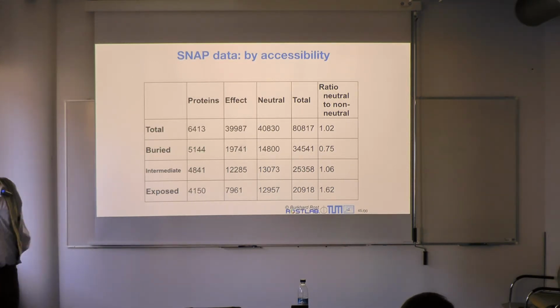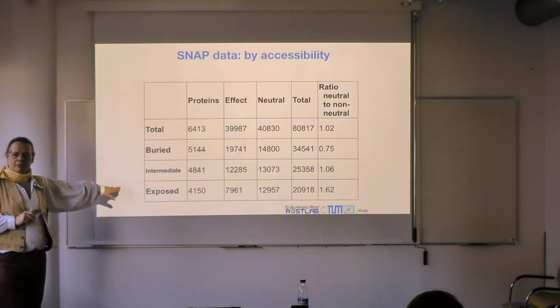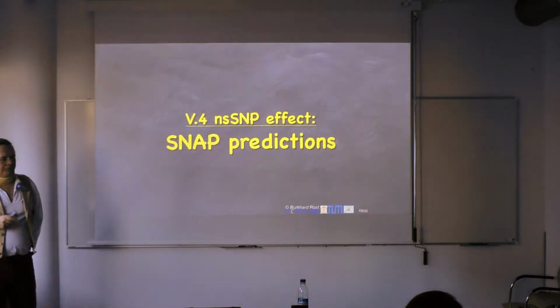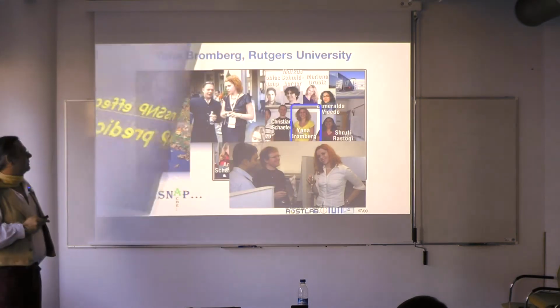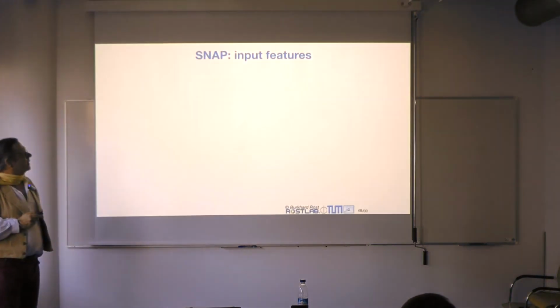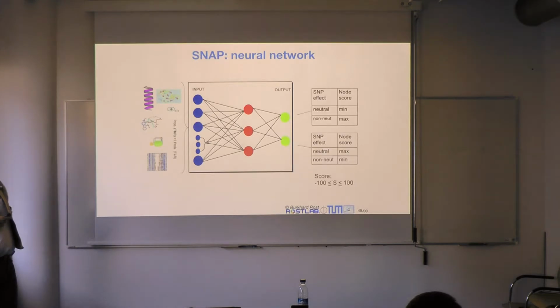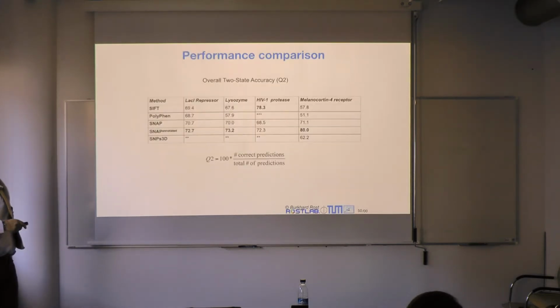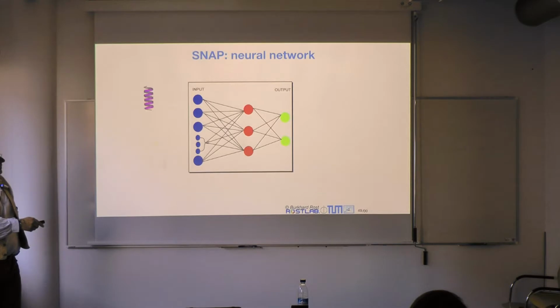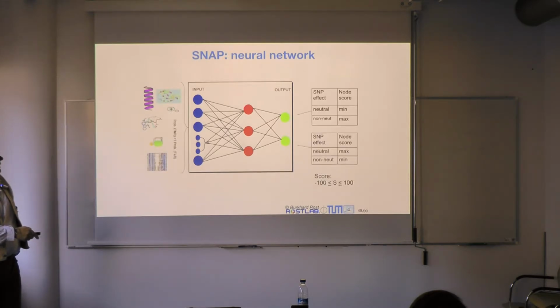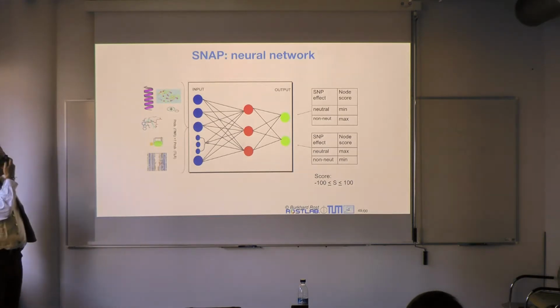We don't need to know the structure because this effect is predicted from sequence. And that is at the heart of the first method from Jana that uses the SNAP input and gives an output score between -100 neutral and +100 very non-neutral.